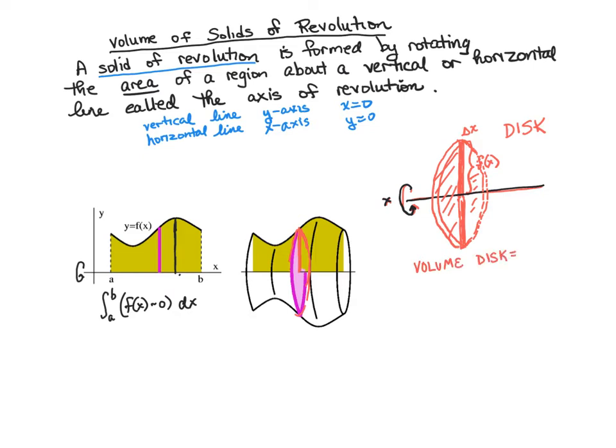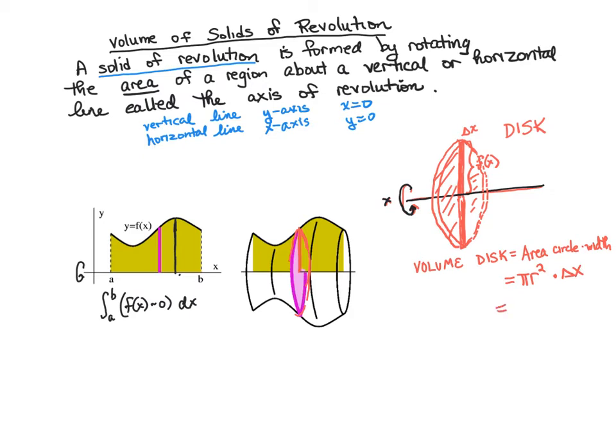Well, it's the area of the circle, the surface, times the width, because this disk has a very tiny width. And remember that delta x will be approaching 0. So the area of a circle is pi r squared, and the width is delta x.